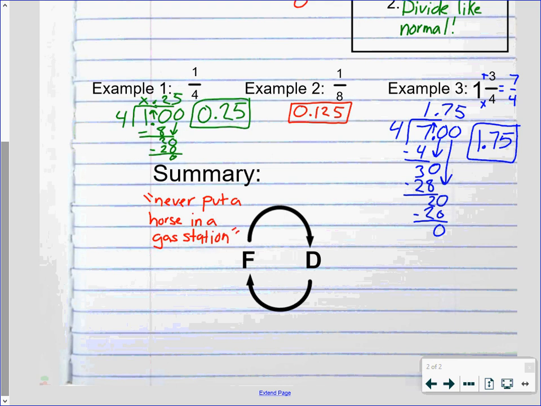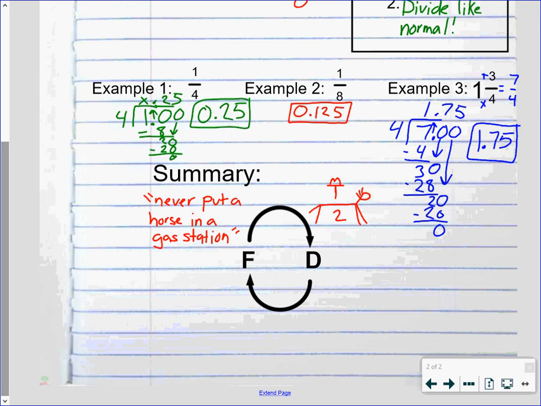So remember, if we have 1/2, our 1 is our numerator, he's our little cowboy, and our 2 is inside our little horse.